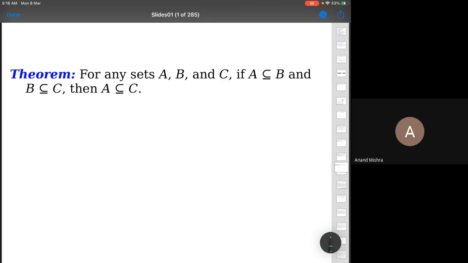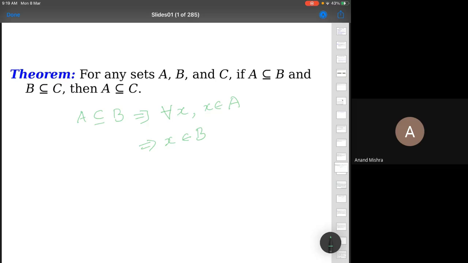How do you prove it? We can apply the definition, right? Since this is given to you, A is a subset of B, that means for all x, if x belongs to A, then x also belongs to B, right?